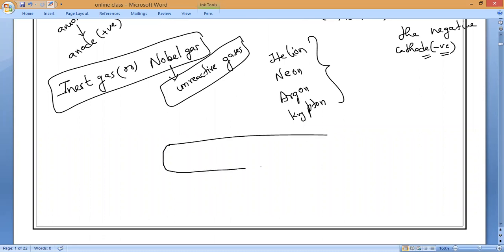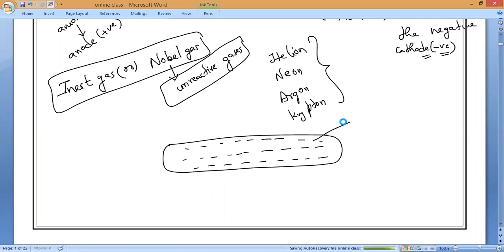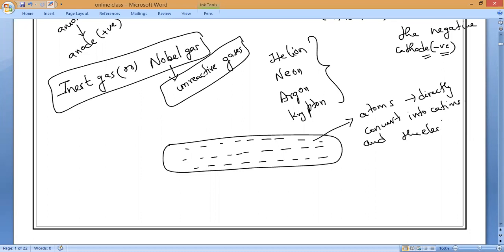If the tube is completely filled with the inert gas, then these inert gas atoms directly convert into cations and electrons. Do you understand, everybody? That is what will happen.